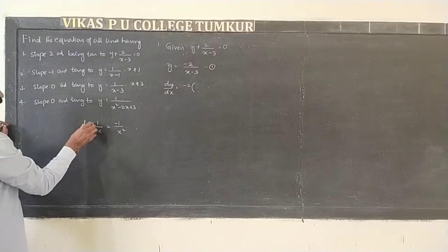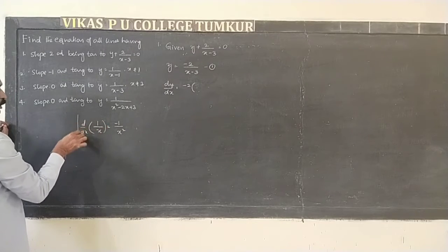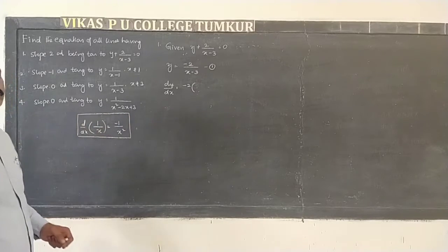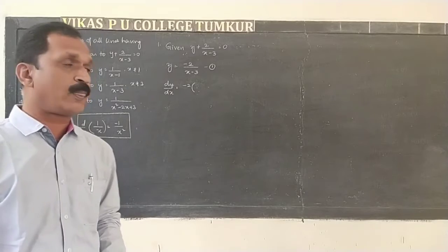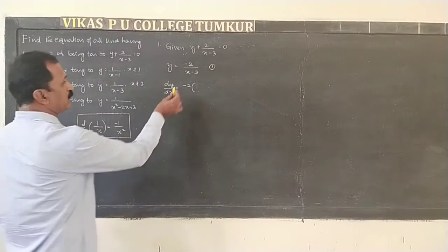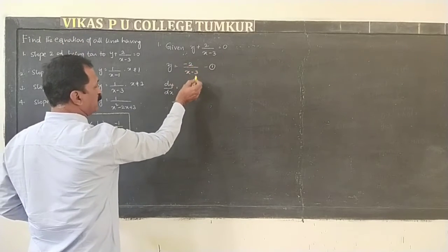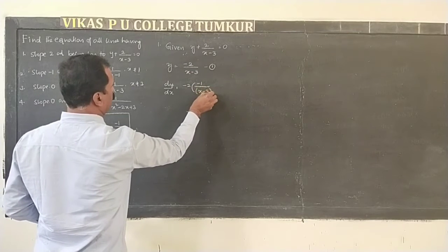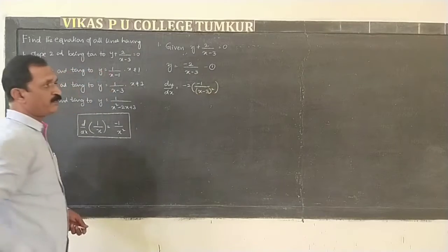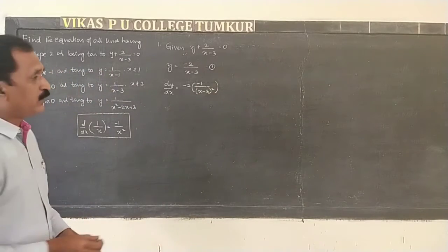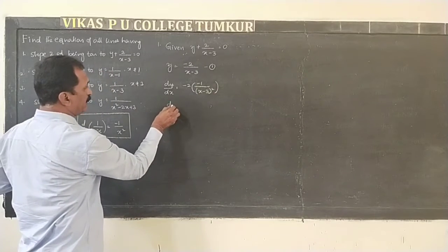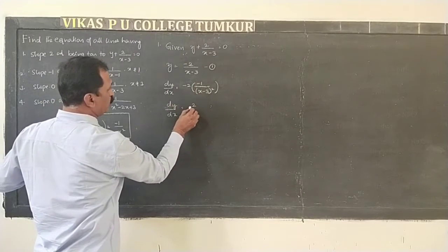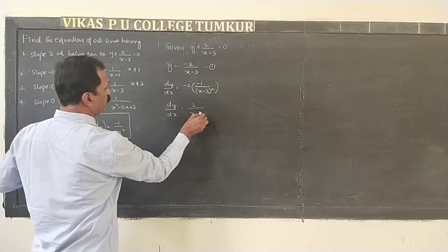Differentiation of 1 by x ಎಷ್ಟಿರುತ್ತೆ? This is always equal to minus 1 by x square. Remember this. So what is the differentiation of minus 2 into 1 by x minus 3? Minus 1 divided by x minus 3 whole square. Correct? So your dy by dx should be equal to minus of minus 2 divided by x minus 3 whole square.